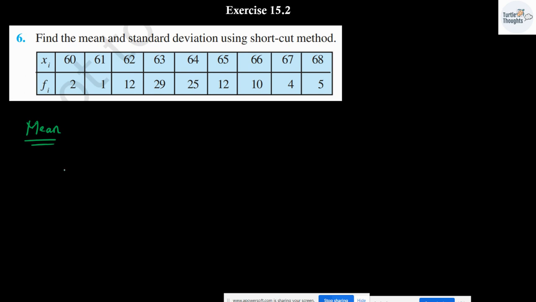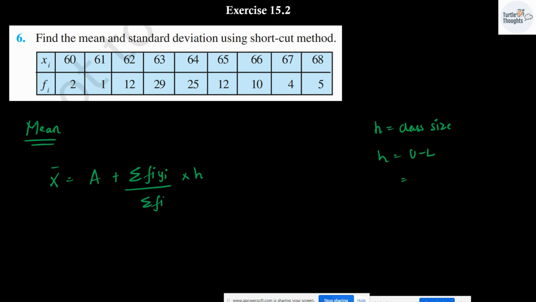So our mean is going to be given by x bar, which is equal to a plus sigma fi yi divided by sigma fi, multiplied by h, where h will be the class size, which is u minus l. So I can take any upper limit and any lower limit over here, right?